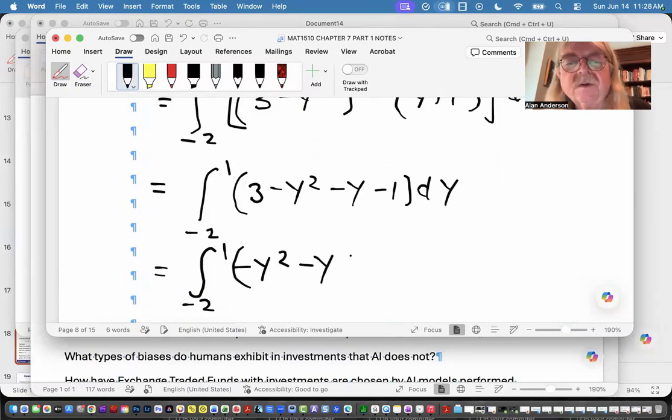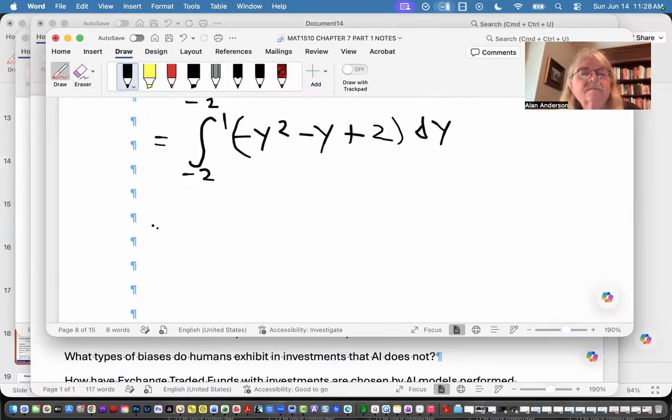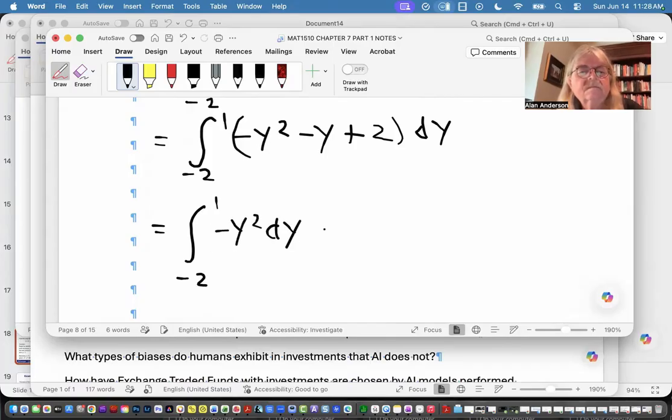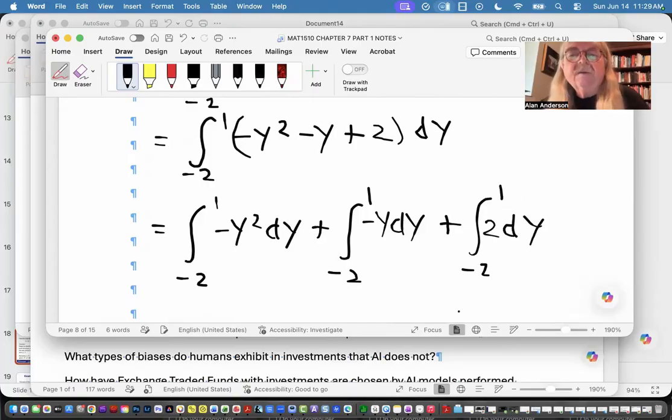So 3 minus 1, of course, is +2. Now we integrate with respect to y. And then we can simplify them a little bit.